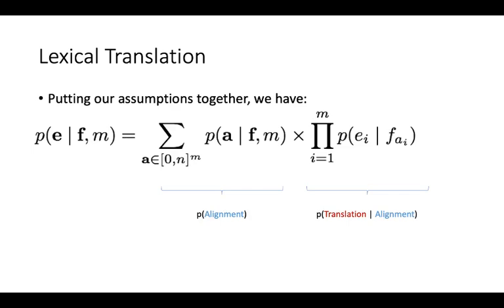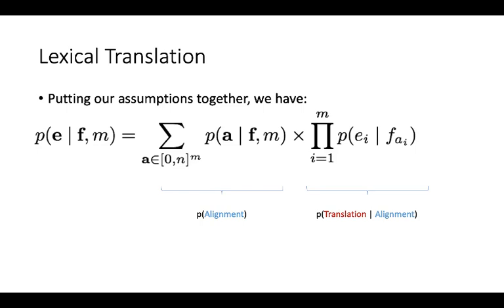Previously, when we want to estimate P of E given F, we assume that we have M words in the English, and we want to estimate the alignment probability given the foreign language.